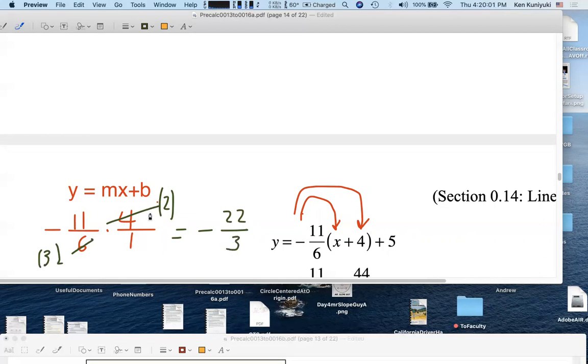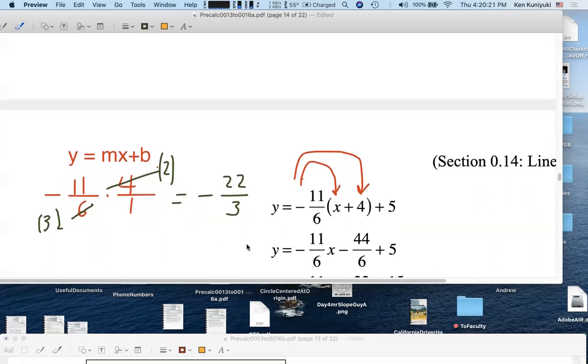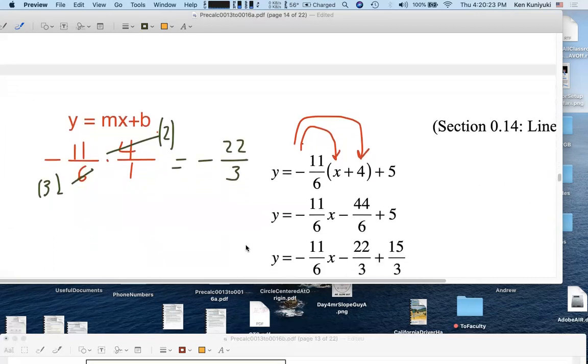In the end, we can reduce by dividing the top and the bottom by 2 anyway. We may as well do it while these factors are separated like that. We may as well divide the 4 here by 2. We may as well divide the 6 down here by 2. In any case, negative 11/6 times 4 will be negative 22/3. All right, this is negative 22/3.